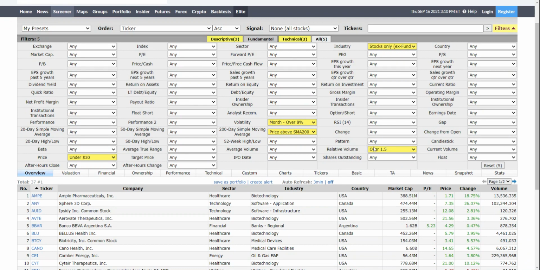So what we want to do is click on over 1.5, which is what I do a lot of the time. I sometimes click over 1, but 1.5 is a beautiful average.